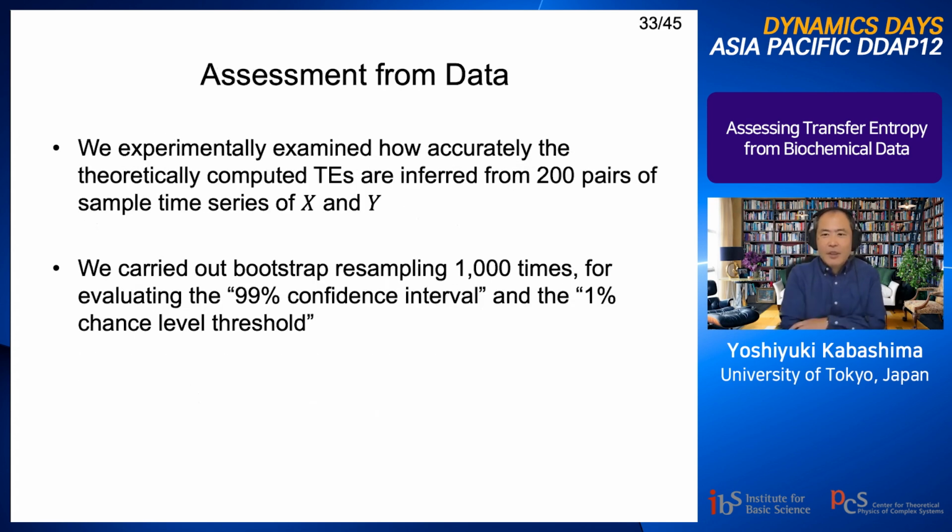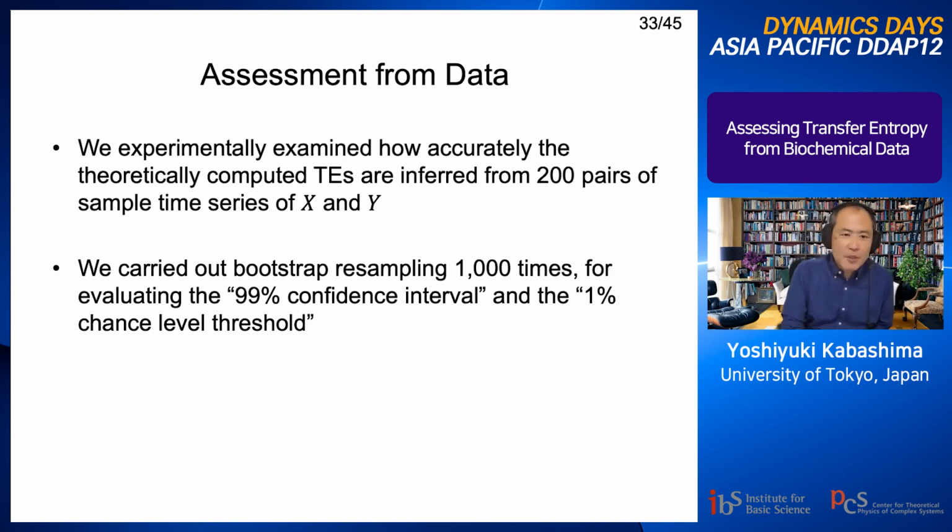Okay, but what we want to do is check whether such transfer entropy can be assessed from data. So far we evaluated the transfer entropy from the model, but what we actually want to do is check whether the transfer entropy can be assessed from data.